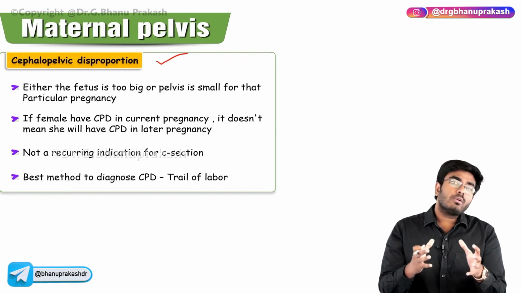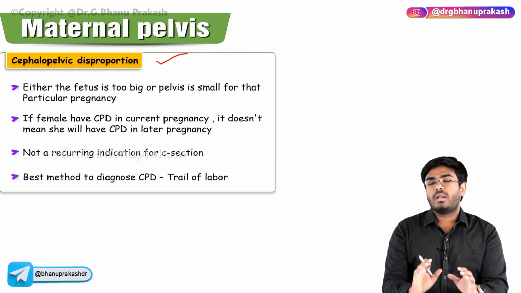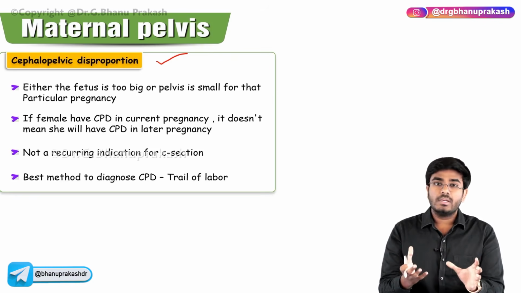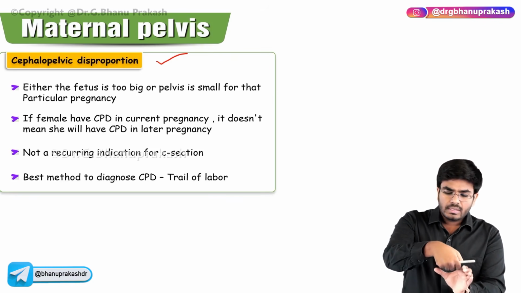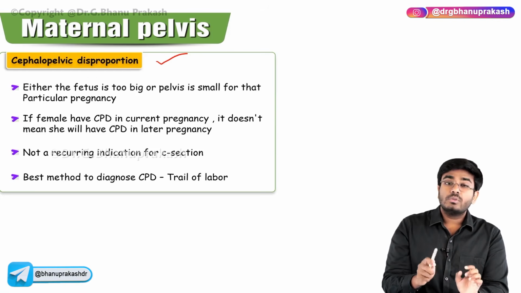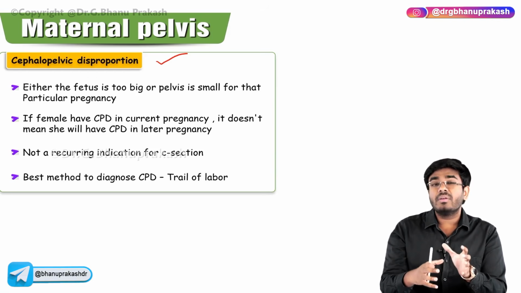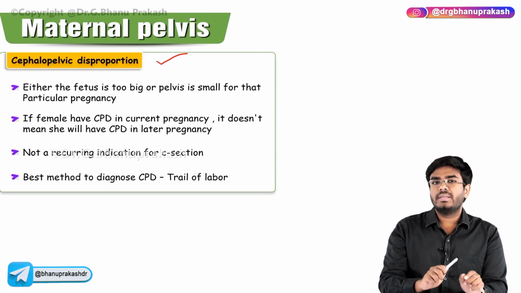If the baby is having macrosomia, the baby will have a bigger head, or the baby will be suffering with hydrocephalus. The baby will have a bigger head. Having such a big head, the baby cannot pass through the inlet. So cephalopelvic disproportion is there. The baby's head is bigger than the pelvis in this particular delivery.